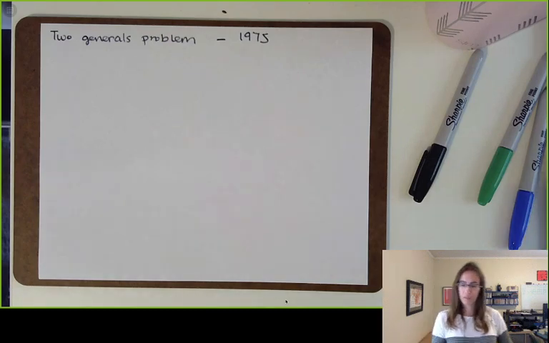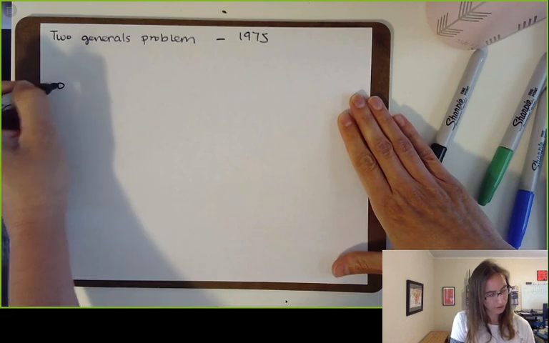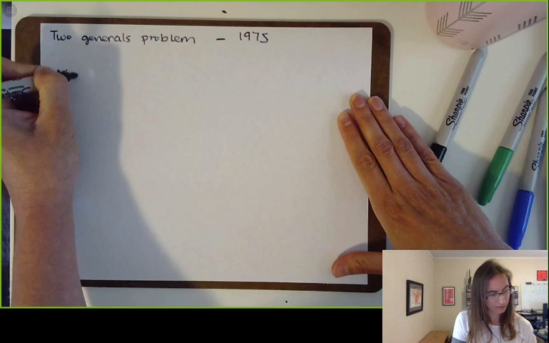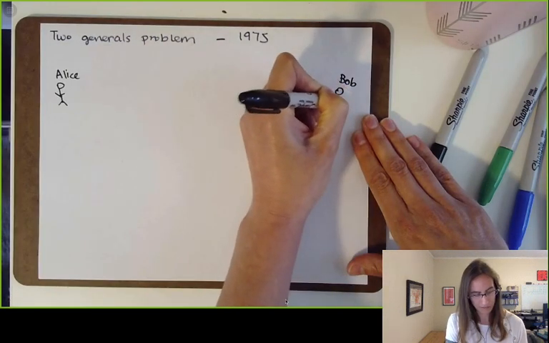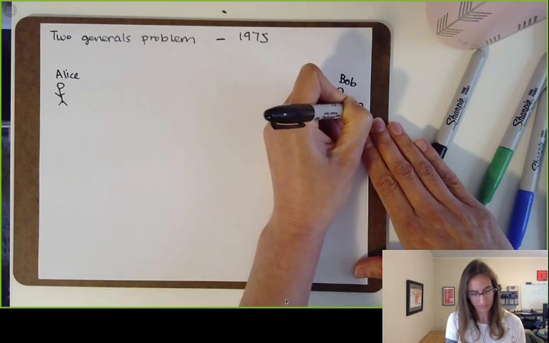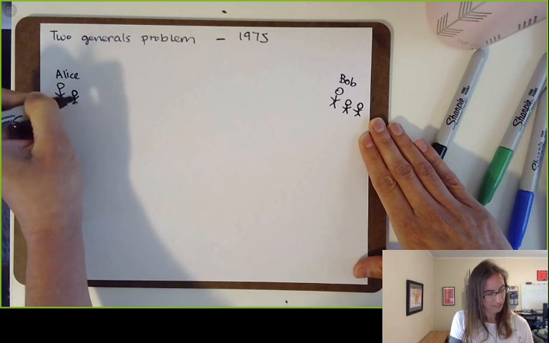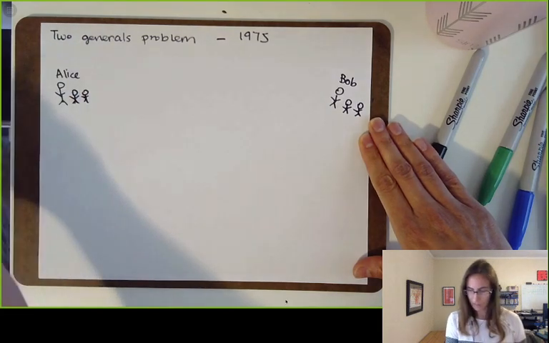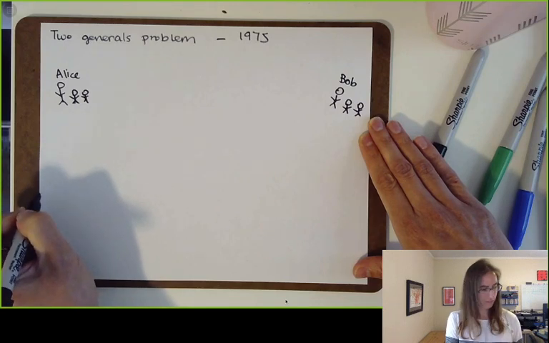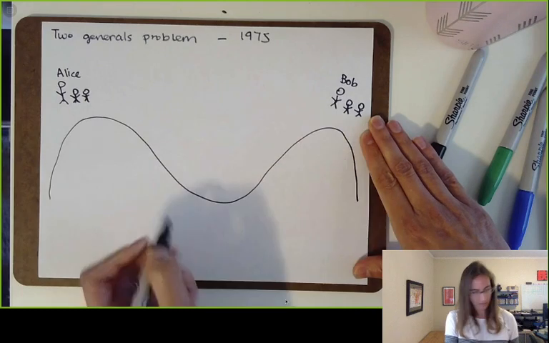Let's say that we have two generals, General Alice and General Bob, with their armies. And they're each encamped on a hill with their armies. And in the valley in between, the enemy is encamped.